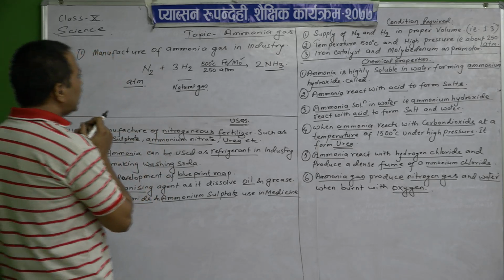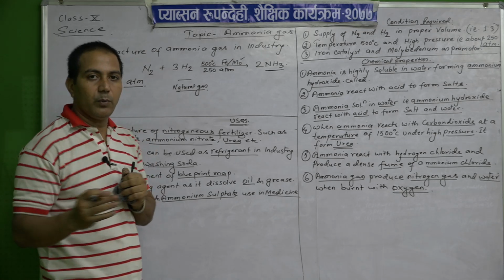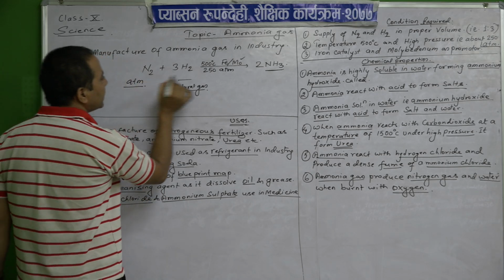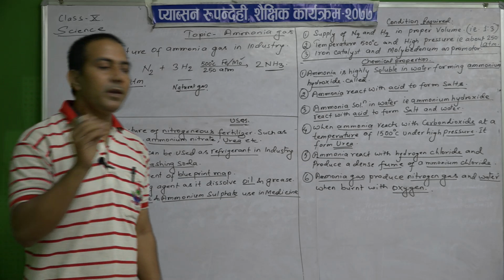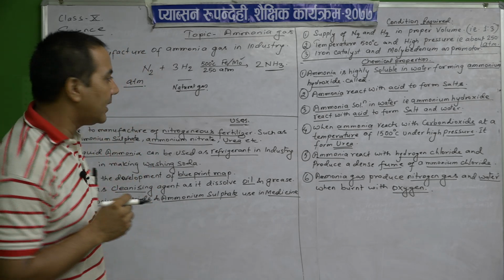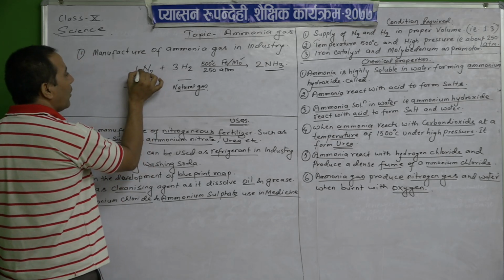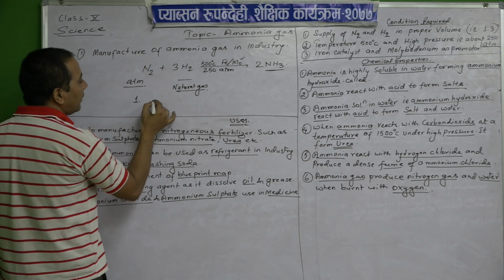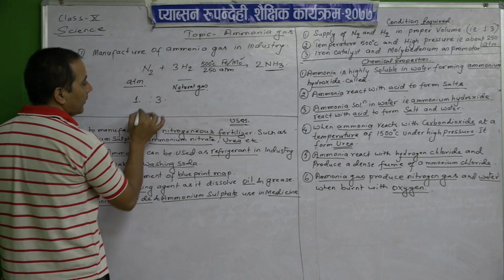We can tell it by seeing the balanced chemical equation. By seeing the balanced chemical equation we can say the volume that is required for the preparation of ammonia gas. Here, what is the amount? 1, isn't it? So, 1 volume of nitrogen with 3 volumes of hydrogen.